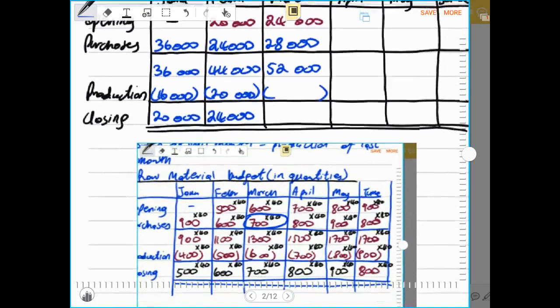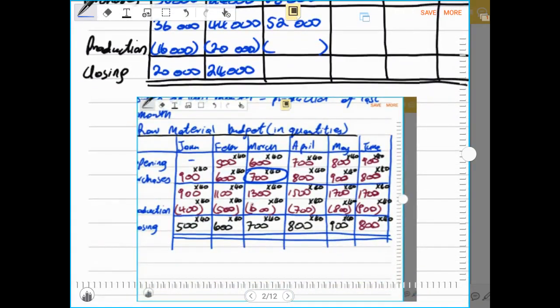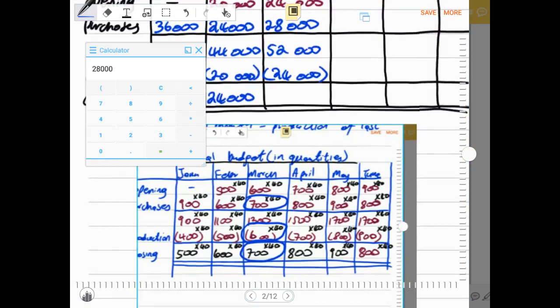And we record production, and our production is 6 times by 40, and 600 by 40 we already know that it is 24,000. So we say less 24,000, and the closing will be 700 by 40, which is the same as 52,000 less 24,000. 52 less 24 is the same as 28,000.